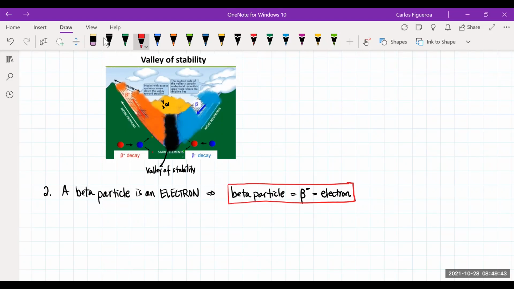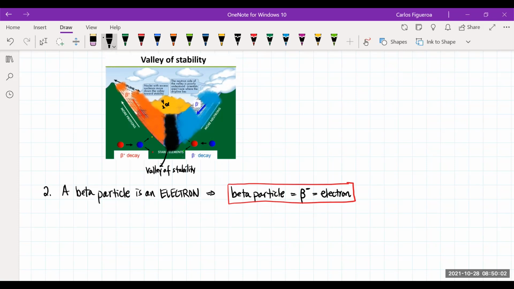And you might be asking, why didn't Rutherford call it an electron? It wasn't so easy. He didn't know what it was. It's not that easy in the early days of experiment.